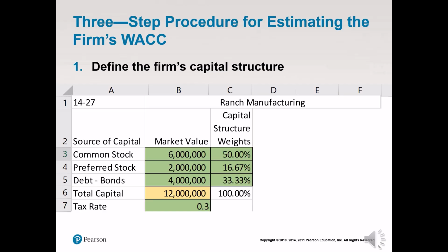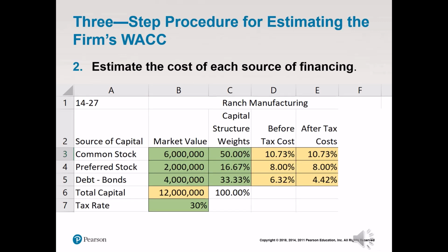The 50% indicates that of our capital structure weight, common stock carries half of our capital structure. The preferred stock is $2 million divided by $12 million, which is 16.67%, and debt and bonds is twice that of preferred stock at 33.33%. All of these weights add up to 100%.